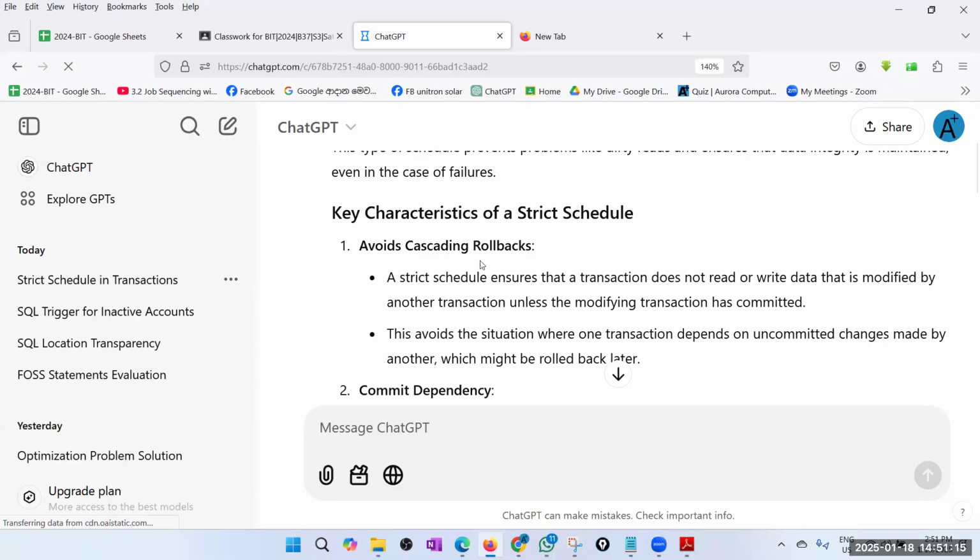So that is one aspect of strict schedule. Okay. So then you don't need cascade rollback because you only read committed values. This avoids the situation where one transaction depends on uncommitted changes made by the other, which might be rolled back later. Okay.